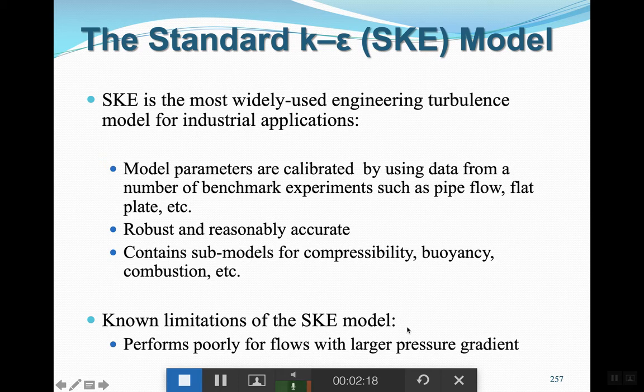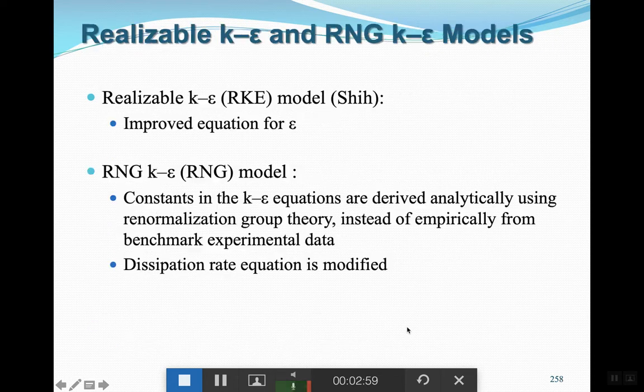So basically these are two sets of equations where the constants come from benchmark experiments. You might ask, have they done experiments for all the cases out there? Of course not. But when we talk about benchmark cases, we are talking about cases that are general enough that the coefficients that come from them are good enough for most cases. So the standard K epsilon model is the go-to model that we will be using in this class. You can also use it later on in your projects.